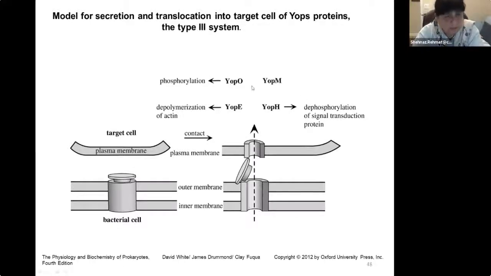So phosphorylation and dephosphorylation mechanisms are controlled by the YOP O and H proteins, while the function of YOP M is not known. But we know that all these four proteins can be delivered once there is contact between the host and the bacterium. Then the channel opens up, YOP B and D make the channel first, and then these proteins are delivered into the host.